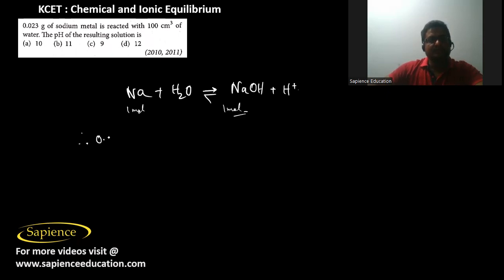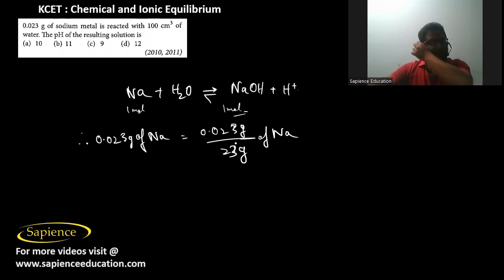Now 0.023 gram of sodium is equal to 0.023 gram divided by the molar mass of sodium, which is 23 gram. So it means that it is 0.001 mole of sodium.